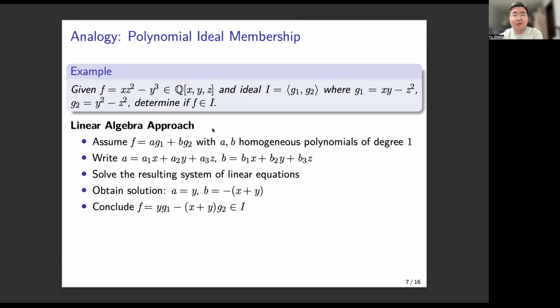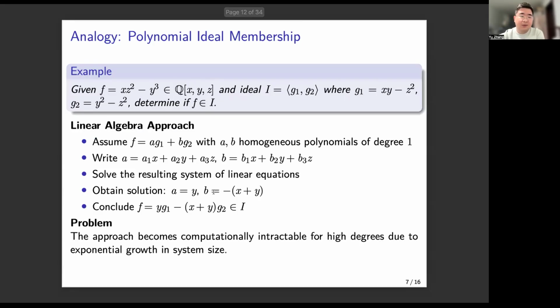Then the situation will be much more difficult. What happens in practice is that the size of the system of linear equations grows rapidly when the degree increases. So eventually, the system of equations will become too complicated to solve. So that's one thing to consider with this approach.